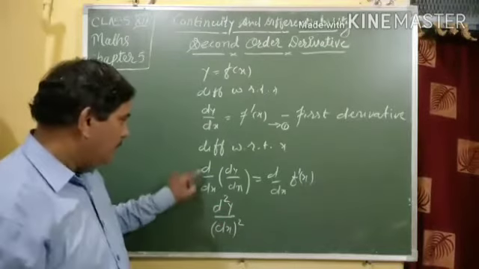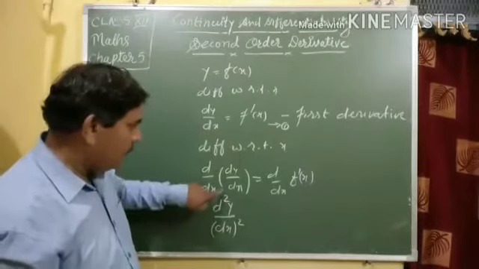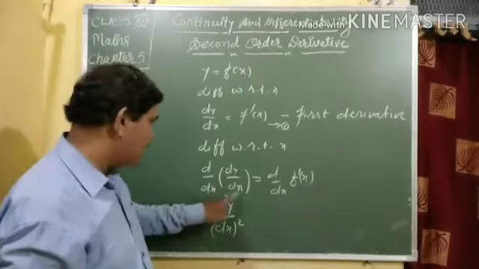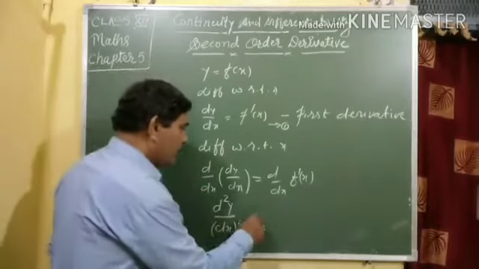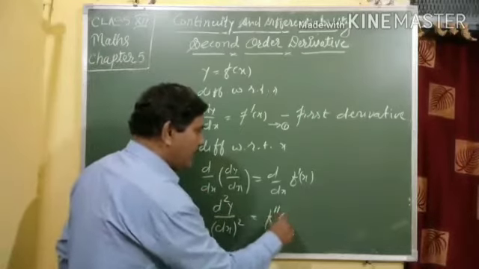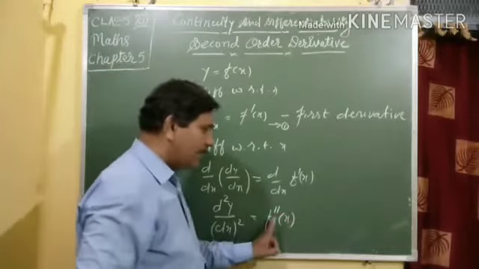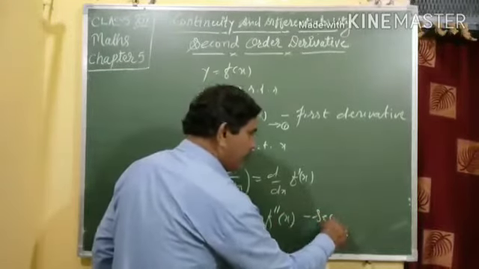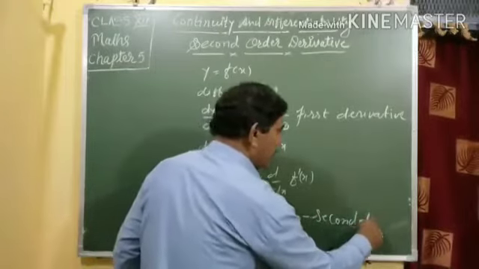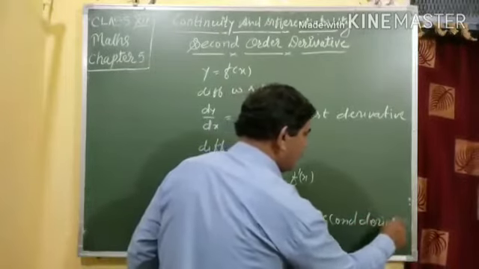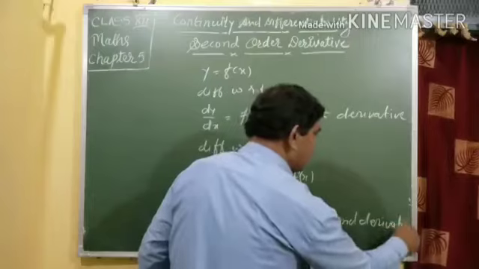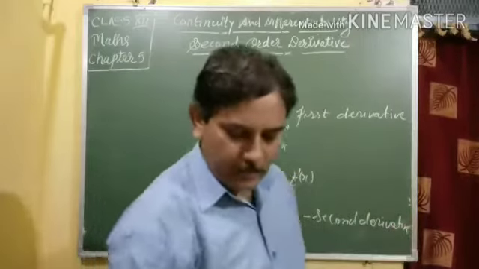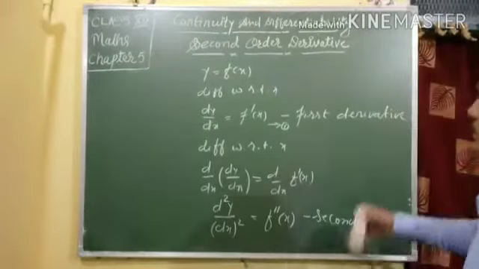Okay, d देखो d और d दो बार है इसलिए स्क्वायर y dx होल स्क्वायर. इनटू दिस यू कैन राइट डबल डेरिवेटिव ऑफ f ऑफ x. ना डबल डेरिवेटिव मींस सेकंड डेरिवेटिव. This is the second derivative. Like that you can solve.